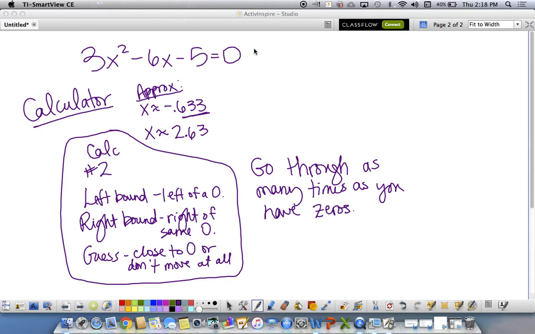Okay, you still have to hit that second trace button or the calculate button. Okay, that's second trace. Being able to use our calculator is a big deal. Okay, the 2 is zeros. Find the zeros. What are you looking for? Okay.